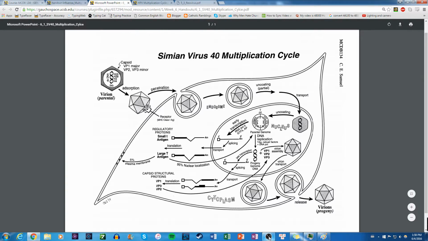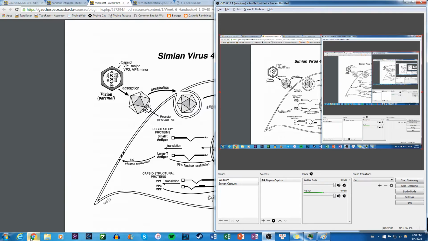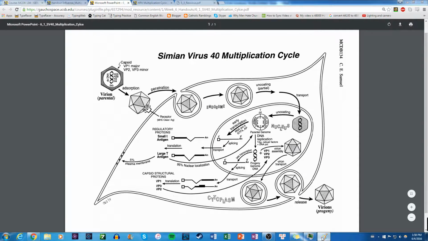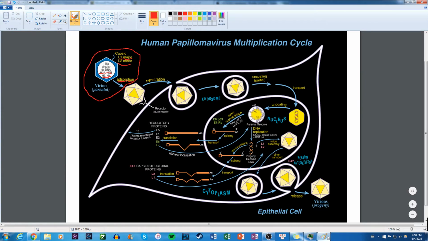Okay, so there's one difference between the two tumor viruses: the cell receptor that it attaches to. The other one is, of course, the capsid proteins. But other than that, it's still very much the same so far.